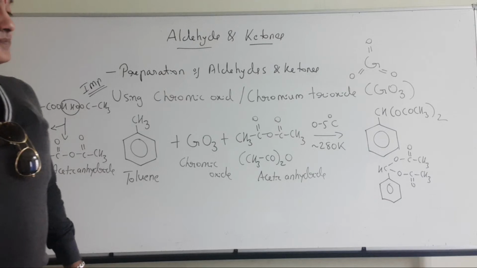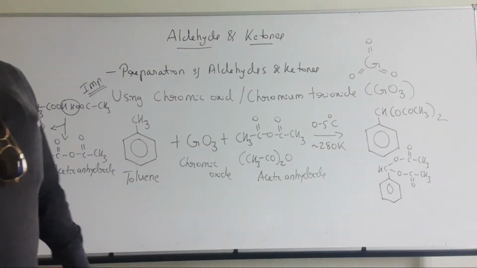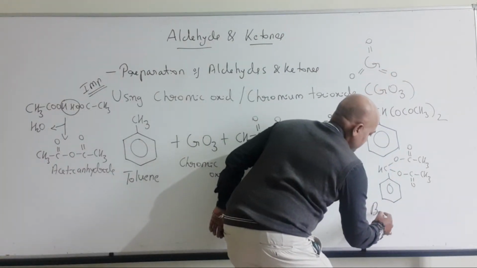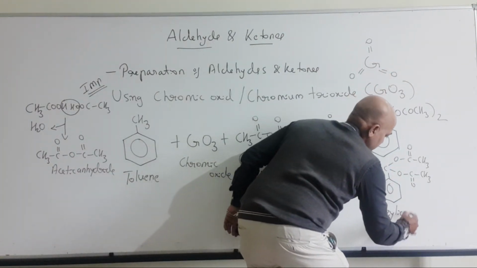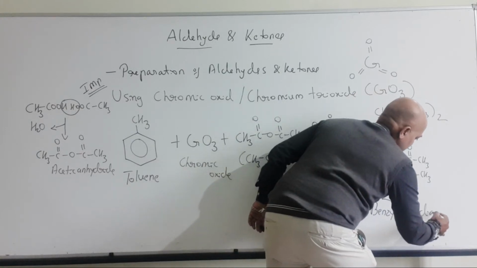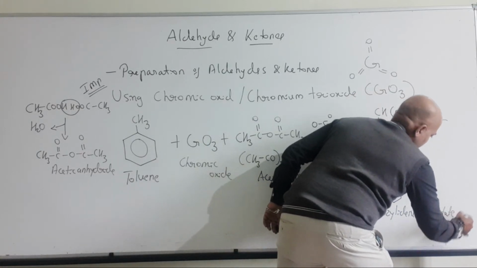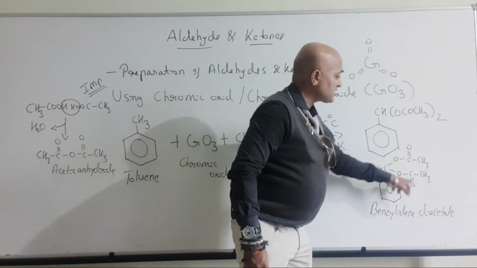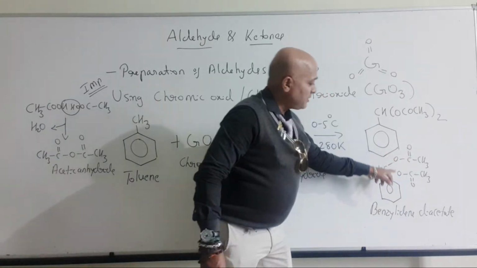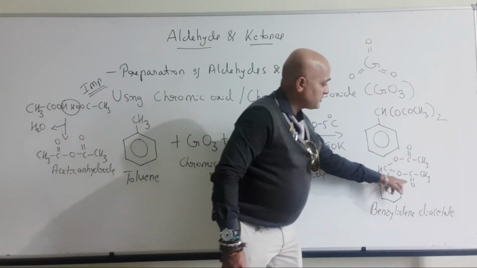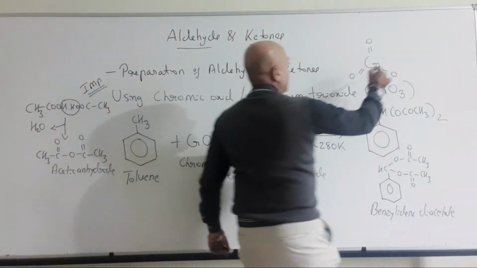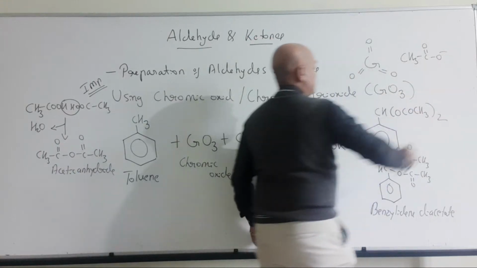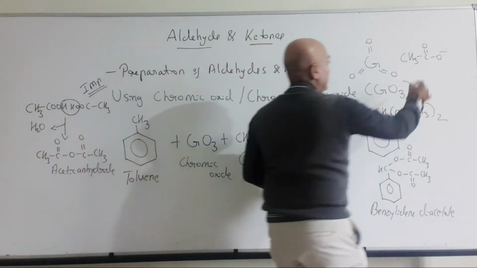Okay. Now this particular molecule is called as benzylidene diacetate. Why diacetate? You will come to know by seeing this structure. So it is nothing but acetyl group, acetate, right? So what is acetate? CH3, CO, O minus. That's where we have the acetate.